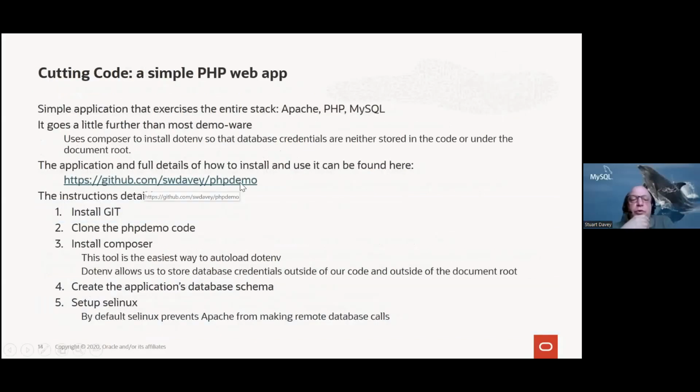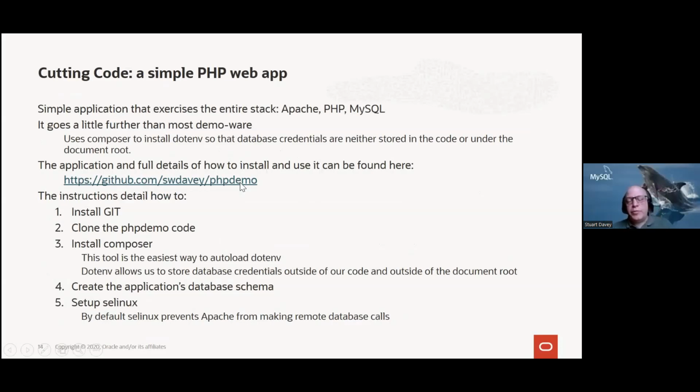Now, if you wanted to deploy some code, what I've actually done is put together a very simple application, but it's gone a little bit further than most normal applications because I want you to do things securely. So what I've actually done is used a package called dotenv so that you can store your database credentials outside the document root of your Apache setup.